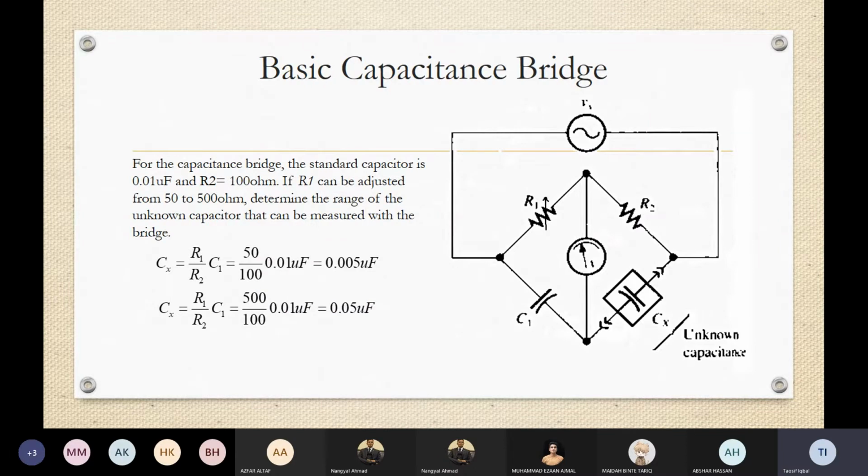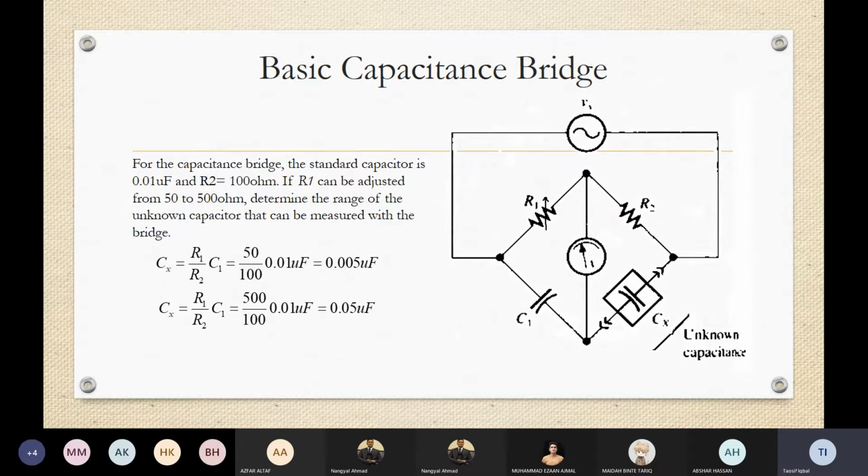So we can also find out the range depending upon the variable values of R1, because we are just going to vary R1, and R2 and C1 are going to be fixed.